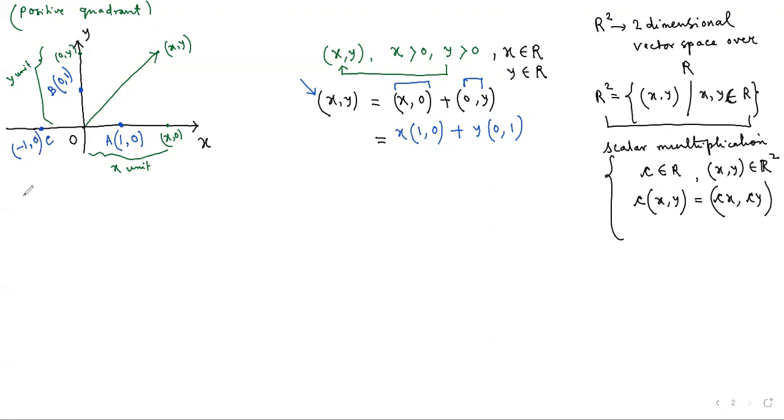And now if I take any arbitrary point (x', y') in the second quadrant where x is negative and y is positive, then this x coordinate and y coordinate, which I denote by x' and y', can be written as (x', 0), because remember that x is negative here, and (0, y'), where y' is positive over here.